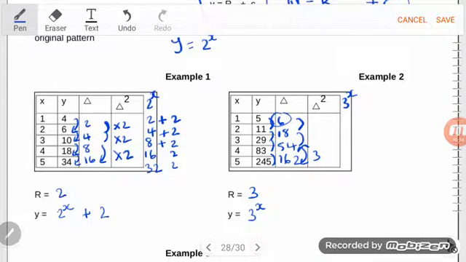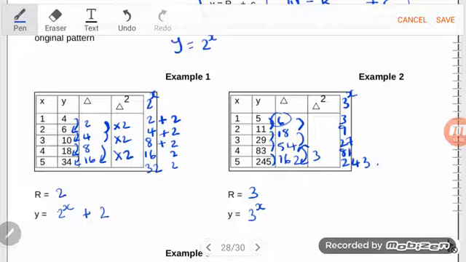3 to the power of 1 is just going to be itself, 3. 3 to the power of 2 is going to be 9. 3 to the power of 3, because x is 3, is going to be 27. 3 to the power of 4 is going to be 81. 81 times 3 is 243.